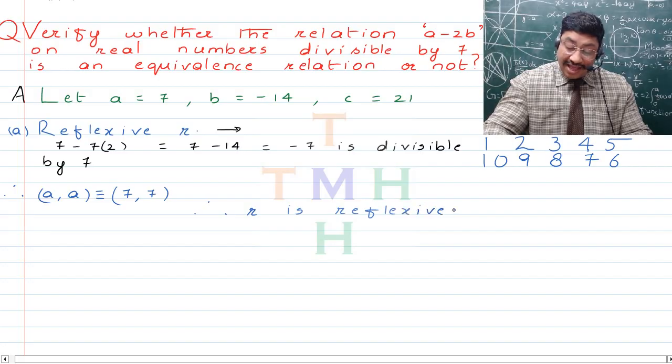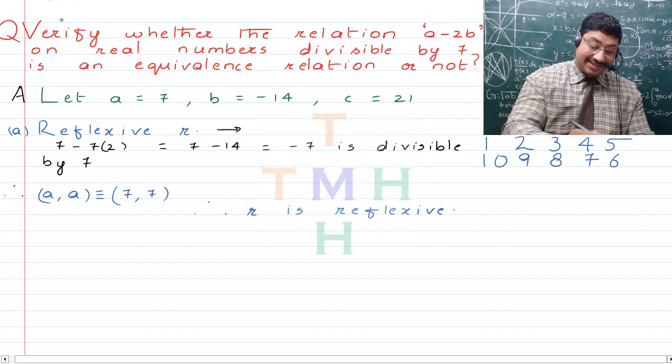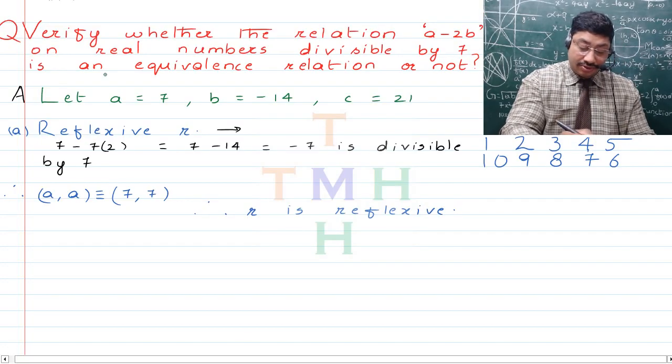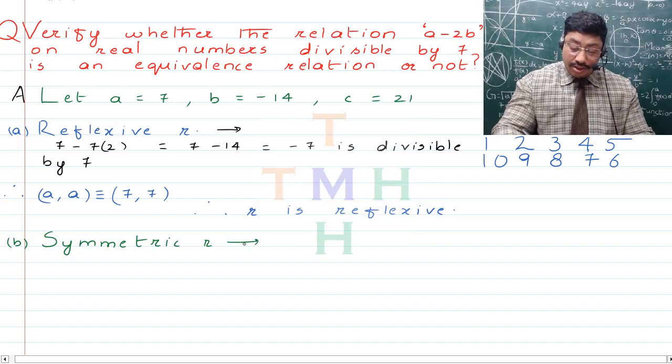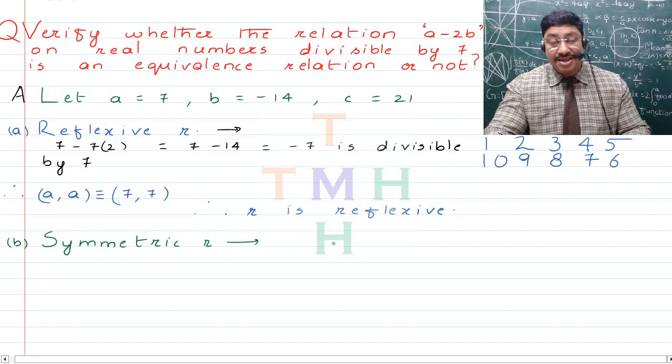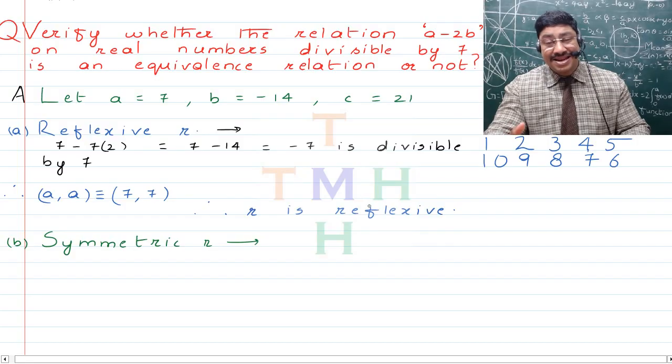Okay, after we have the relation to be reflexive, our next task is to talk about it being symmetric, right? By the definition of a symmetric relation, we know that we have to check for an inverse relation, right? So when we talk about a symmetric relation, we will want to have a comma b existing, and then we should be able to have b comma a.